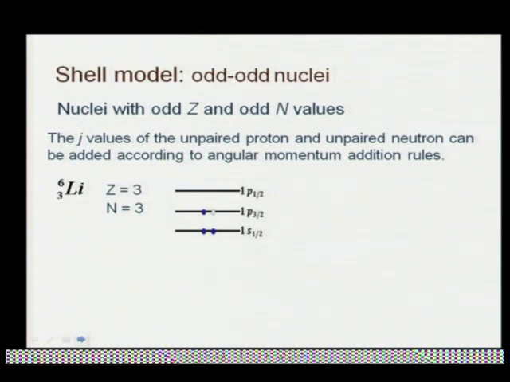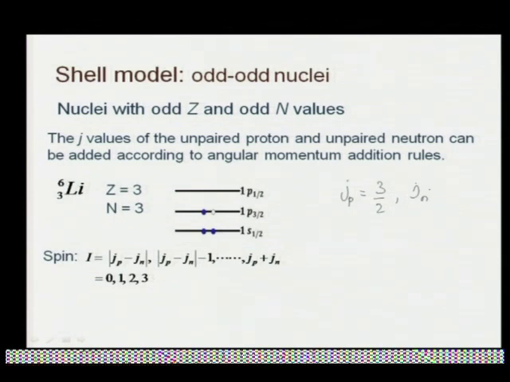1p3/2 state, the unpaired single proton and the unpaired single neutron, and you can ask the question, what is the spin value? Spin, as we said, is a combination of, so J p here is equal to 3 by 2 and J n is also equal to 3 by 2. Now, 3 by 2 and 3 by 2 have to be added.